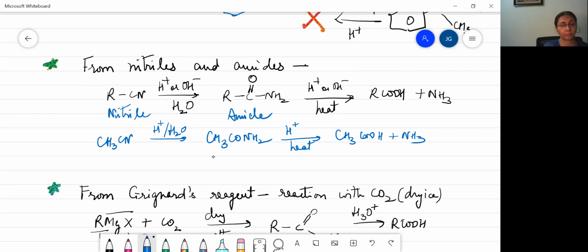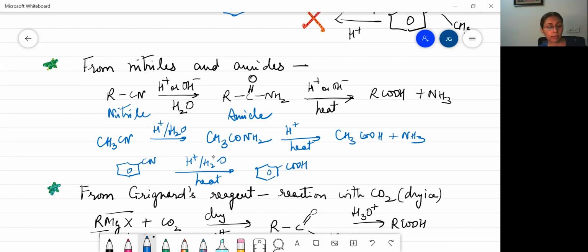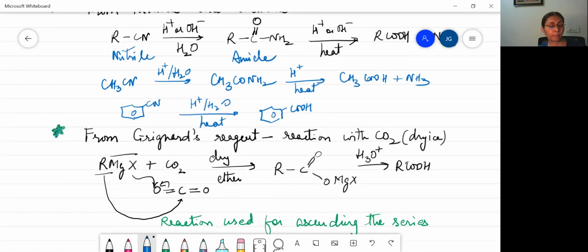In the same way you can also prepare aromatic carboxylic acid, by the same method. You can also write it directly with heat. This will also give you benzoic acid, or aromatic carboxylic acid.